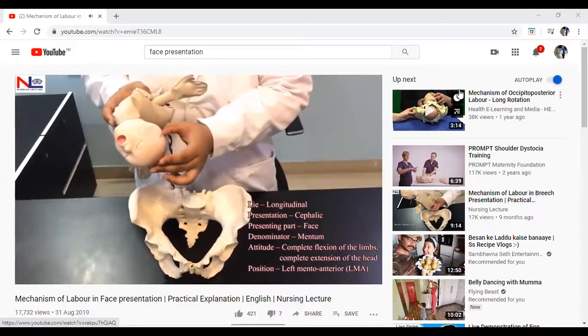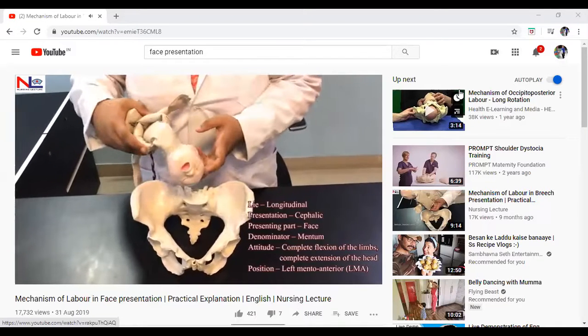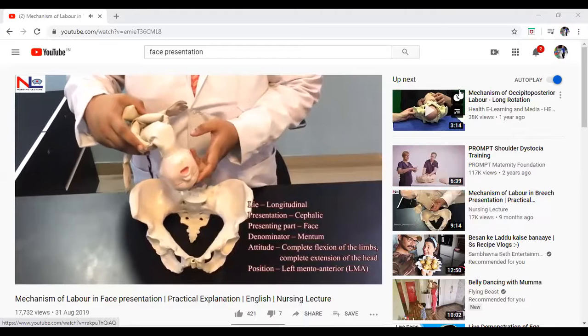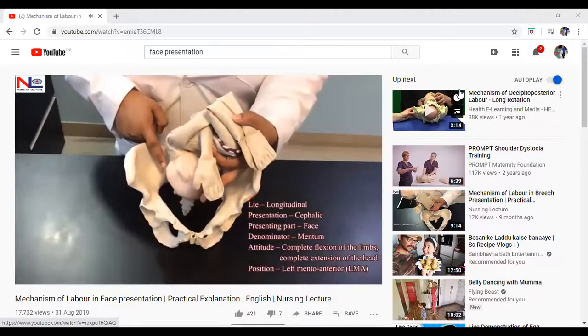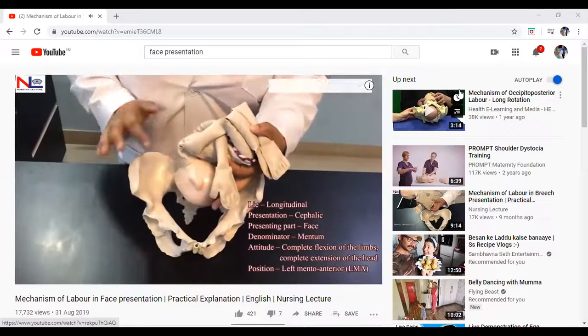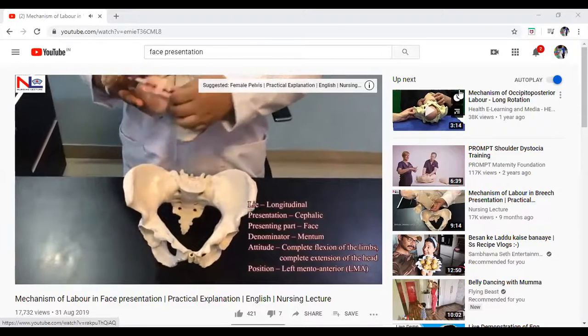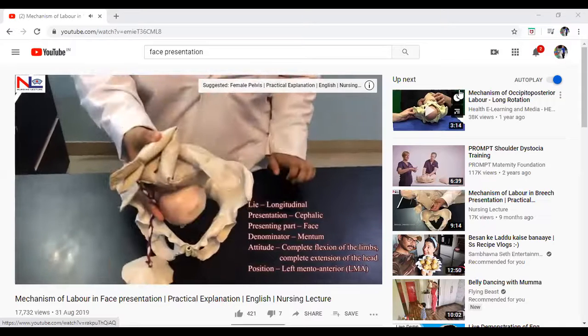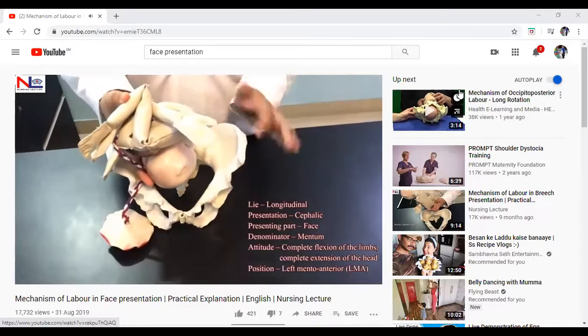So the occiput comes in relation with the back, and there are 4 positions formed in the pelvic brim. The first position is right mento-posterior, in which the mentum is directed toward the right side of the sacroiliac joint. Second position is left mento-posterior, in which the mentum is directed toward the left sacroiliac joint.